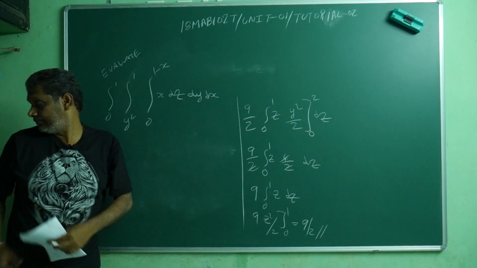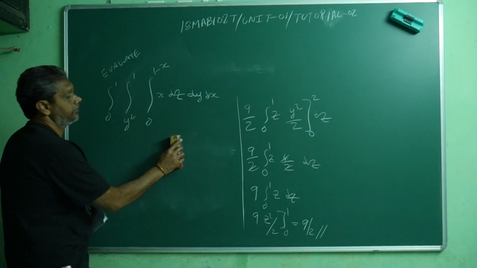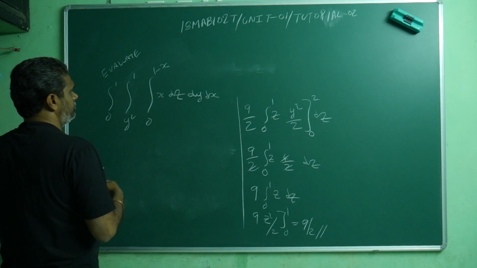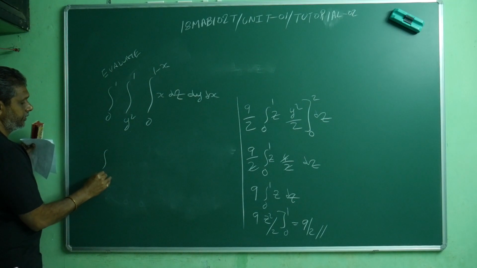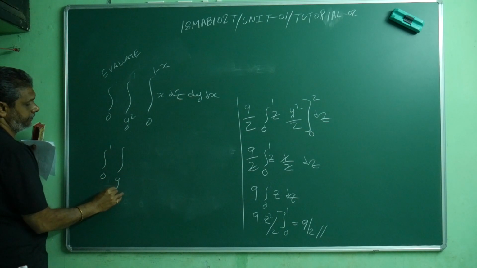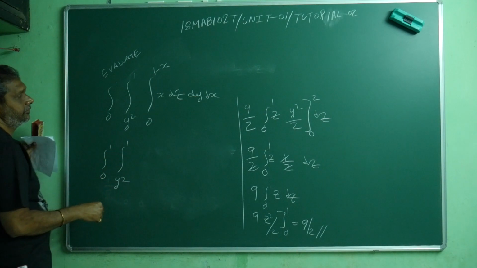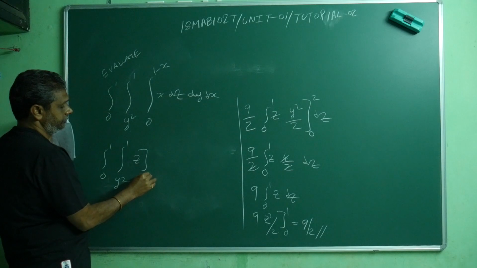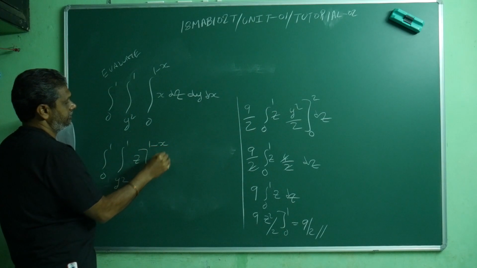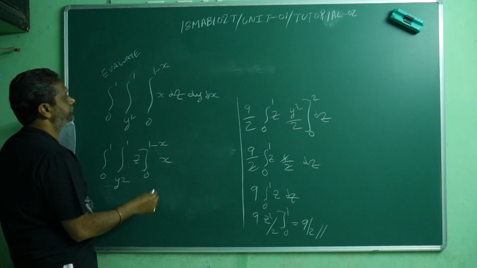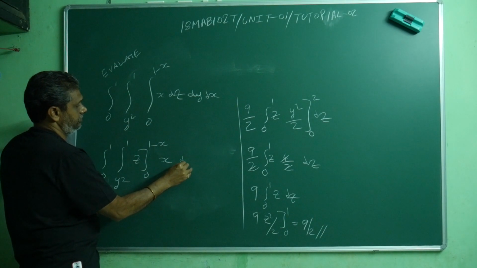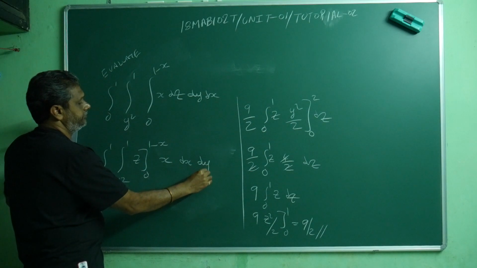So now what I will do? Dz first, with respect to z. You don't worry about this order actually. 0 to 1, y squared to 1. With respect to z, if I do, z from 0 to 1 minus x, then dx dy.